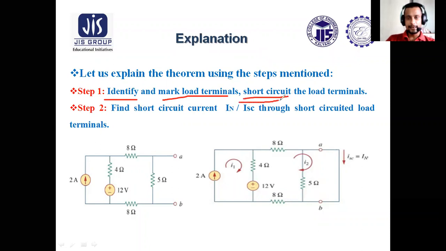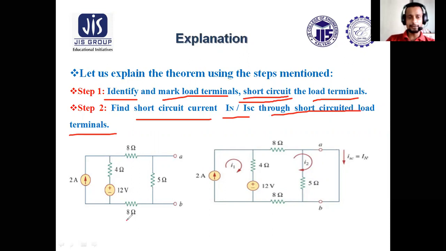After removal of the load, we will make a short circuit of the load terminals. In case of Thevenin, load terminals were kept open circuited. In case of Norton, load terminals will be shorted. While load terminals are shorted, we have to find the short circuited current IN or ISC through the short circuited load terminals.